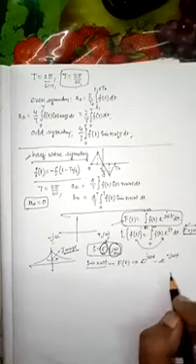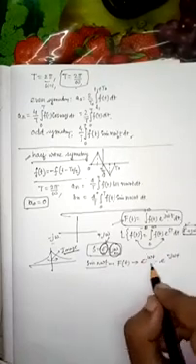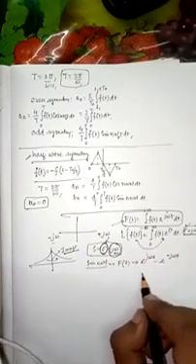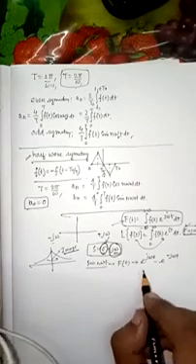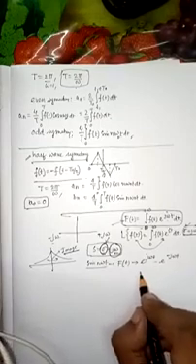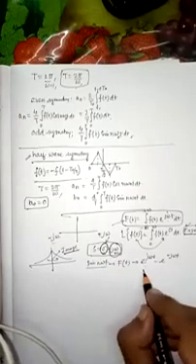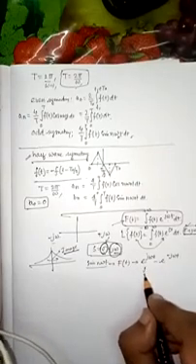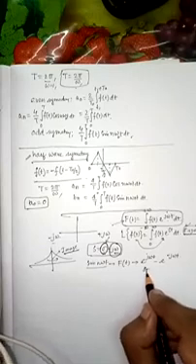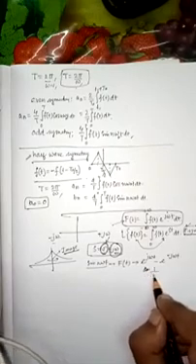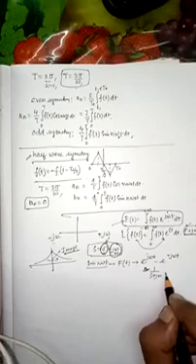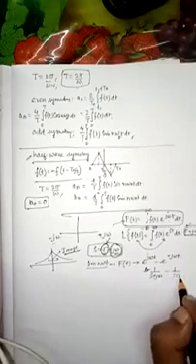So obviously j omega and j omega, 2j omega. In Laplace, it should be something like 1 by s minus j omega minus 1 by s plus j omega.